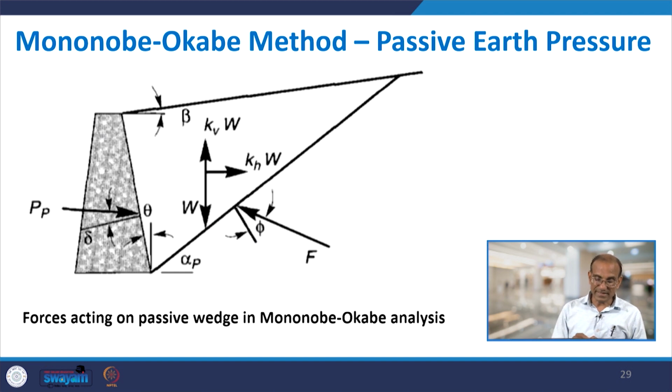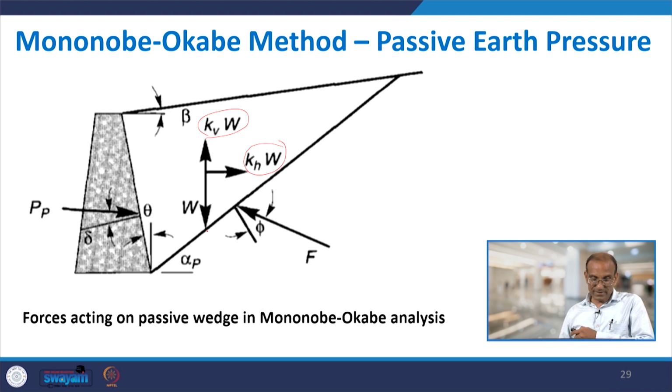Here the triangular wedge, now the difference between active and passive pressure is that the KHW will act inward, whereas it was acting outward in this direction earlier. As for KVW, whether you consider upward or downward does not make a difference, but in the passive earth pressure condition we need to apply the value of KHW in the inward direction, that is, towards the backfill.